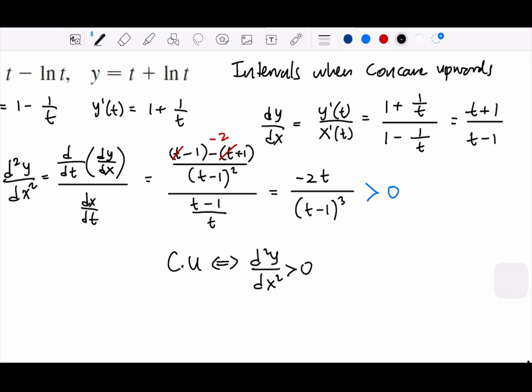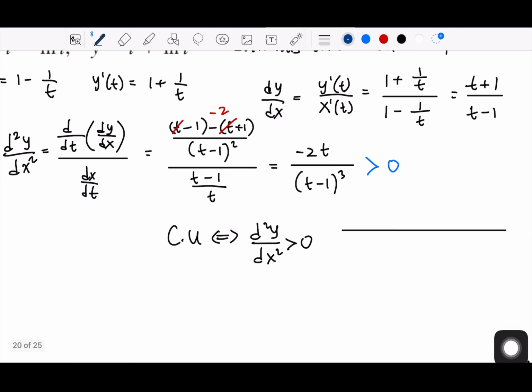As I mentioned, you take the number line and put in all the possibilities. Of course, if you see the denominator, t minus 1, it is supposed to be not 0, right? So we are going to have 1, okay?